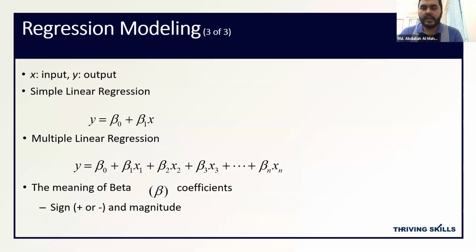In cost accounting, total cost equals fixed cost plus variable cost. So total cost is y, fixed cost is b0, and variable cost is mx, or b1x.